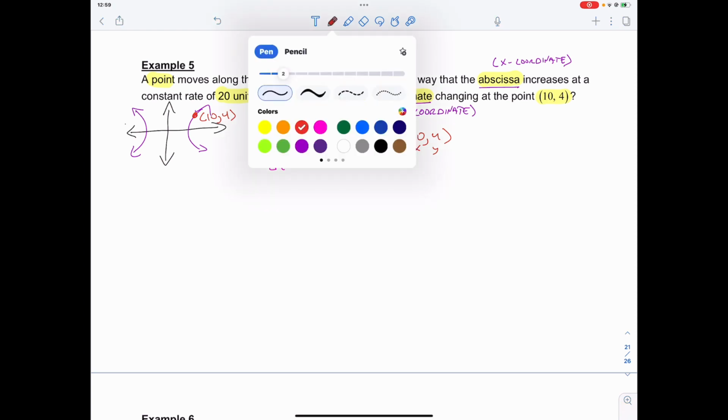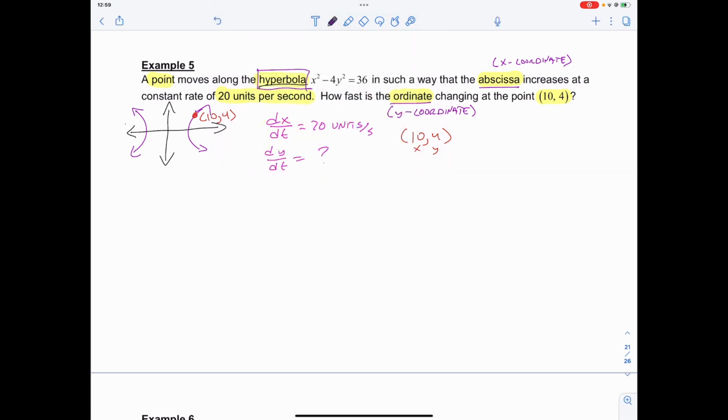Well, we have our equation because it was actually given to us. x squared minus 4y squared is equal to 36. And when we differentiate in terms of time, we get 2x dx over dt minus 8y dy over dt is equal to 0.